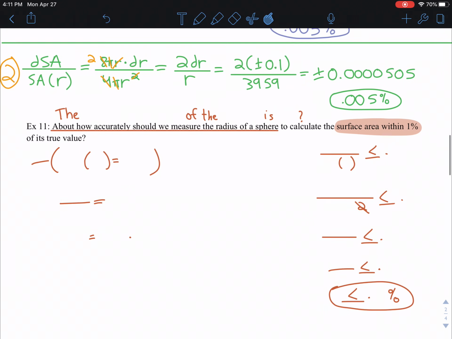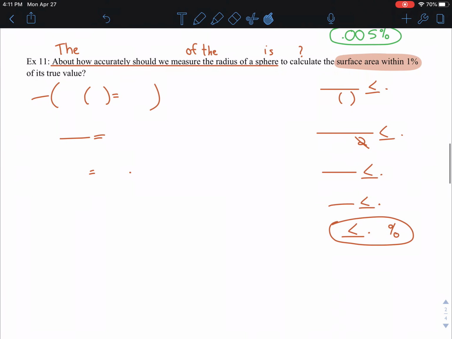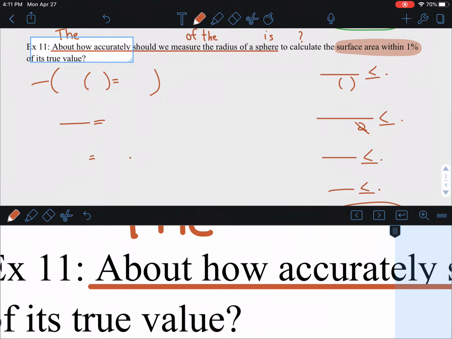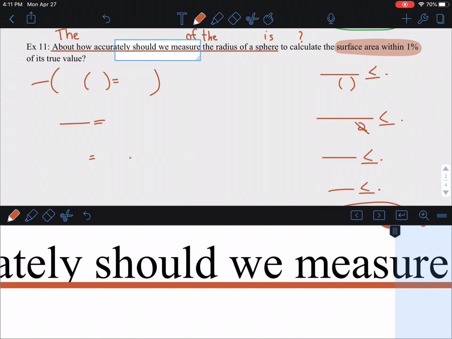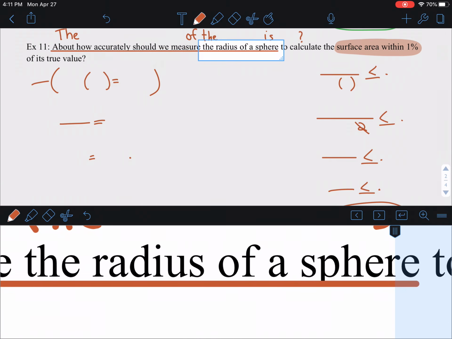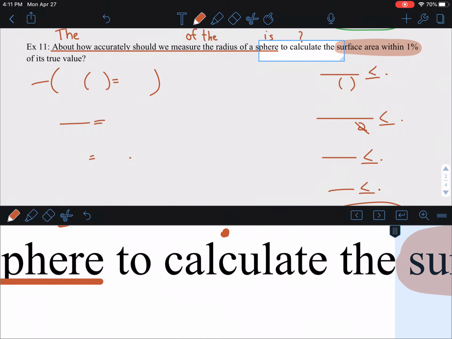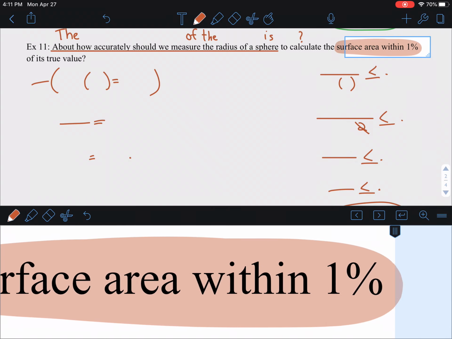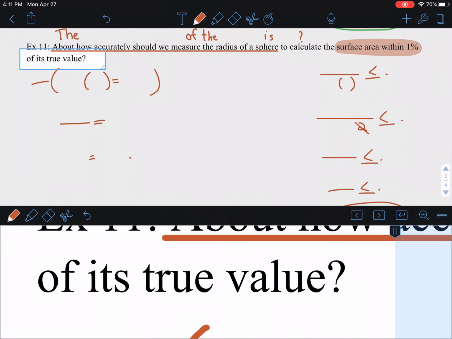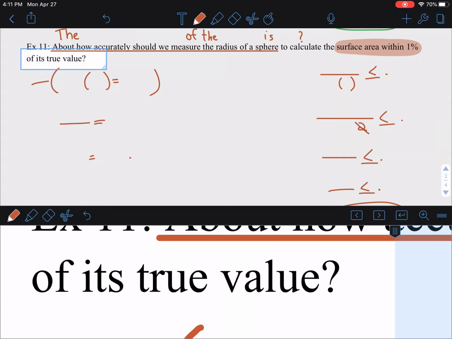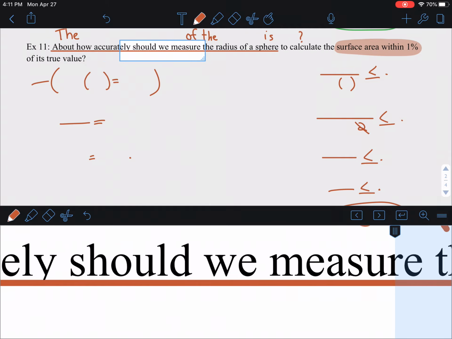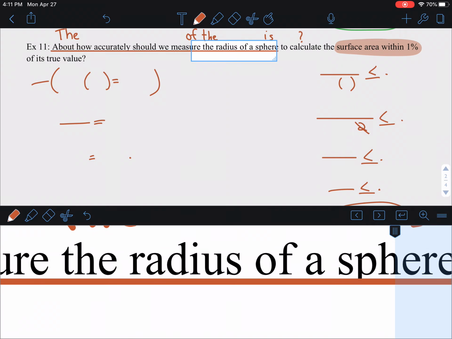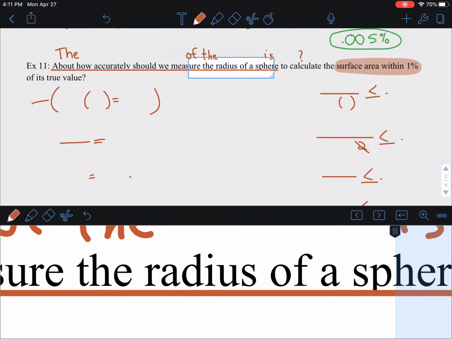All right, example 7 starts off a little bit differently. It says, about how accurately should we measure the radius of a sphere to calculate the surface area within 1% of its true value? Okay, how accurately should we measure the radius of a sphere? Now, I'm going to go ahead and rephrase this for you.